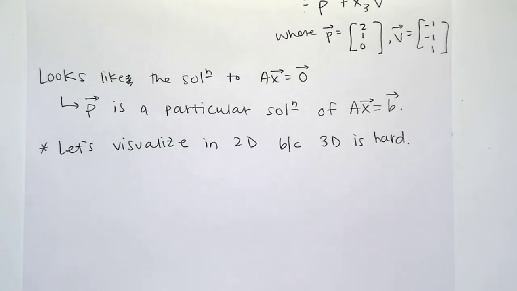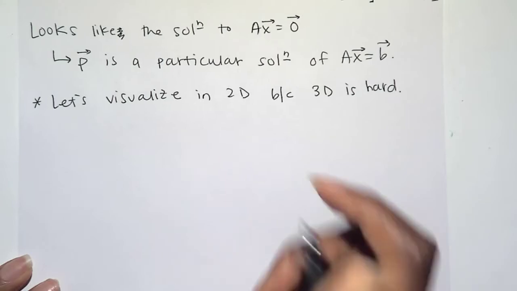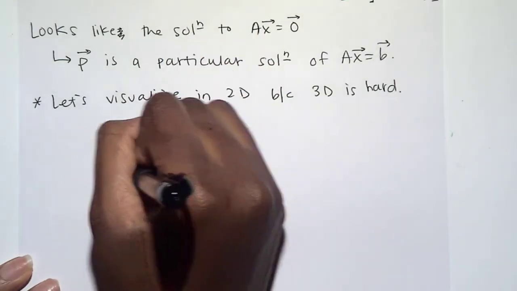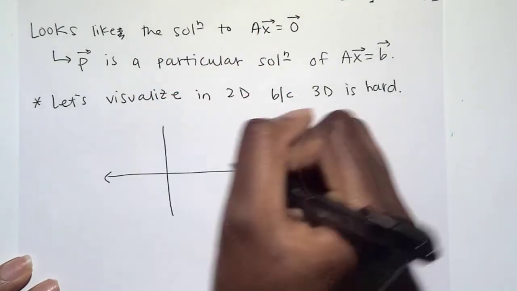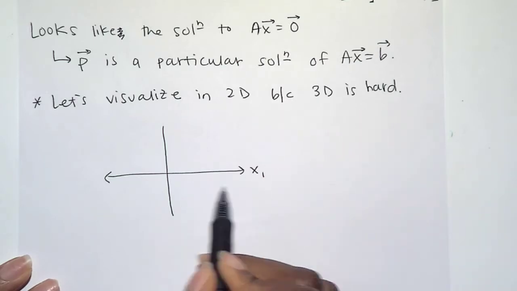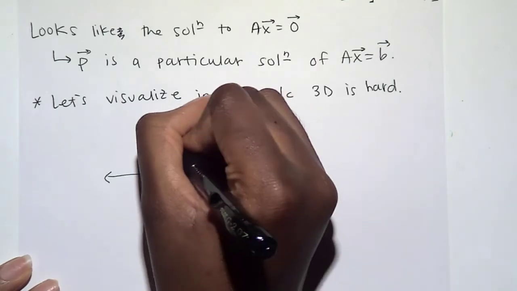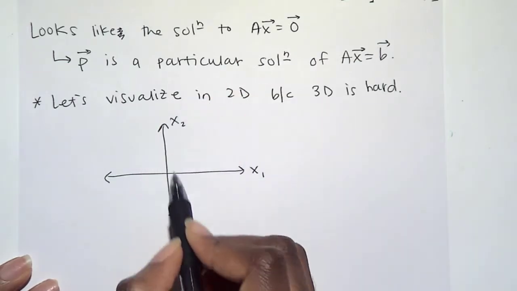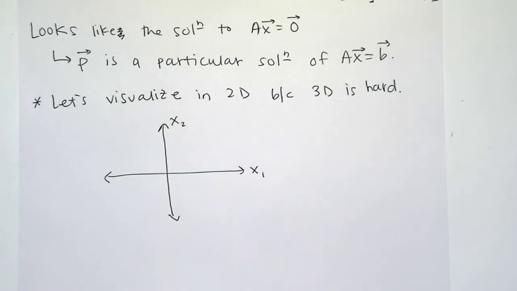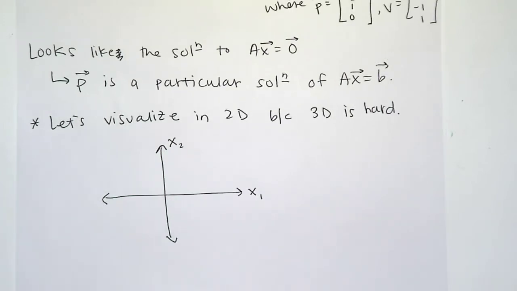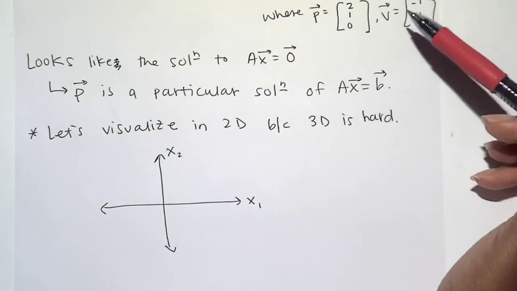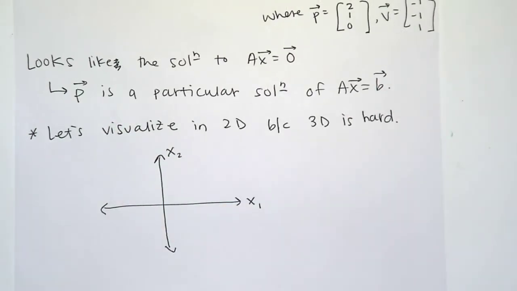Okay, so I'm going to draw 2 axes. Let's say this is my x1, positive side, negative side, x2, positive side, negative side. All right, and then let's just say we have our vector V. So kind of like before, but we're going to do it in 2D.